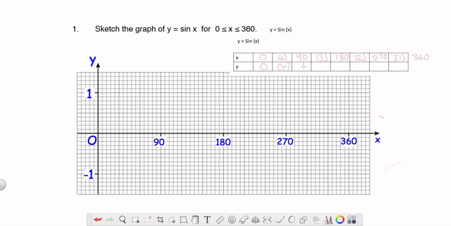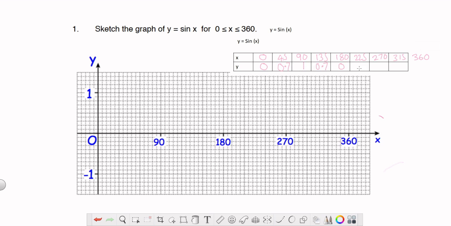Sine 90 is 1. Sine 135 gives you 0.7, the same as sine 45. Sine 180 you get 0, back to 0 again. Already you can see a pattern: you've got 1, and either side you've got 0.7, 0.7, and either side of those you get 0 and 0.